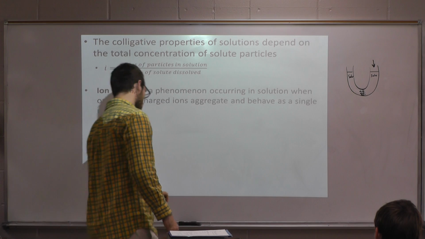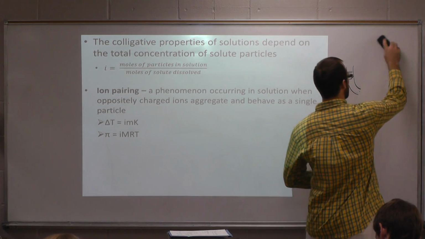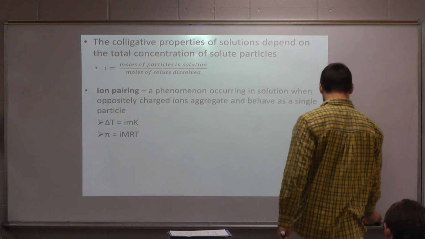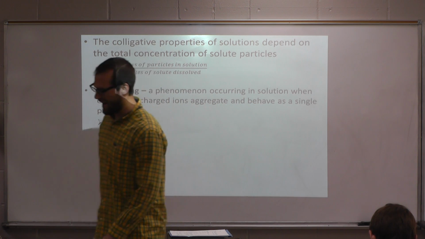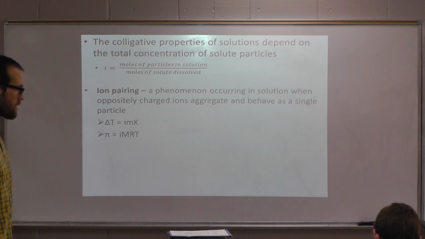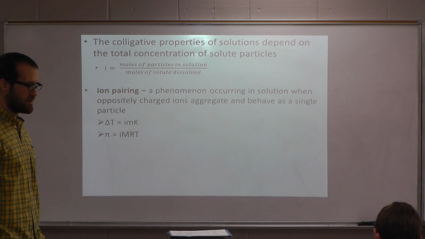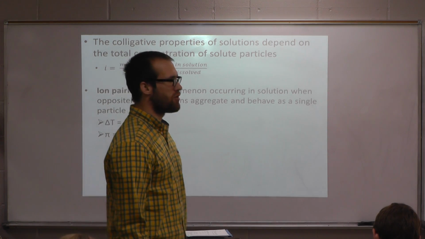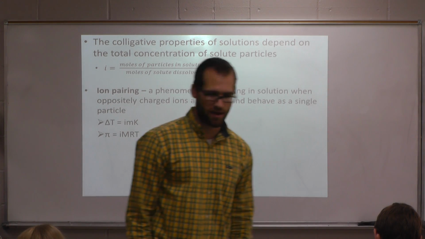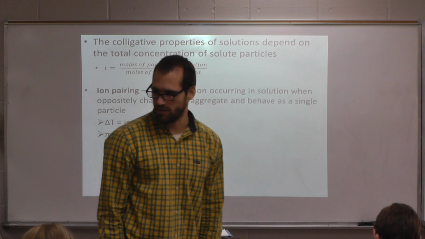Okay, now we have kind of talked about this, but we're going to put a variable, a math concept, to it. We talked about colligative properties being dependent upon how many solute particles you have, and then we said it becomes important when you deal with covalent versus ionic. Why was that a thing?